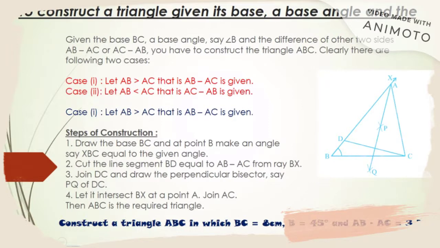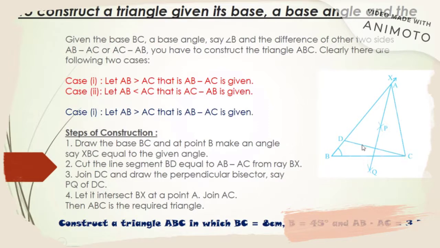Now the next step, whatever the difference is given, same thing you will do. You will mark an arc on this extended line BX with point D. So you got distance BD. Now join point D with C as you have done in the case of a sum. Whenever sum is given, so join DC.